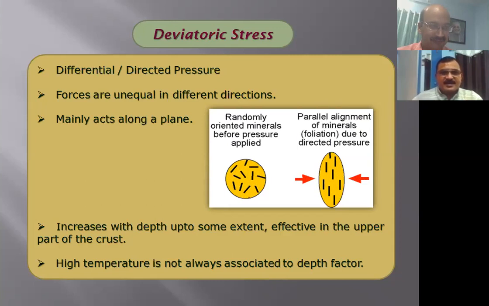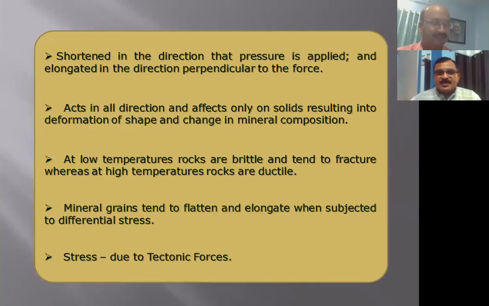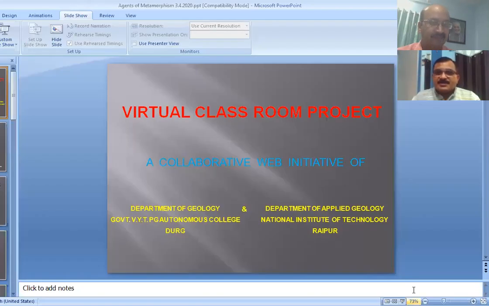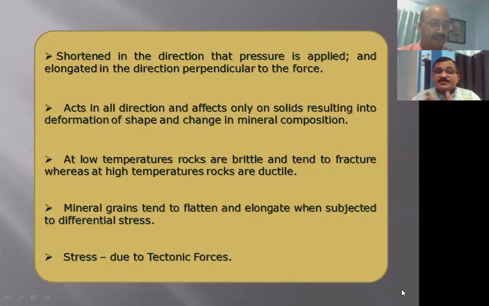Now the important thing is both types of pressure may commonly be exerted on the rock. Lithostatic pressure is mainly due to the overlying rock load column. The important thing about directed pressure is that pressure not only increases the temperature, but also creates fabrics or structures in the rock.